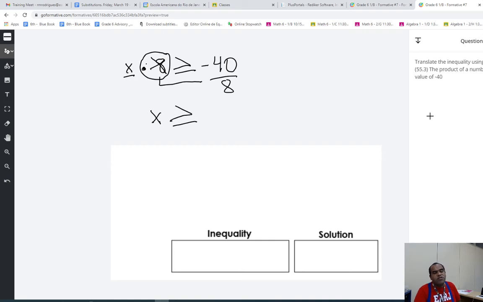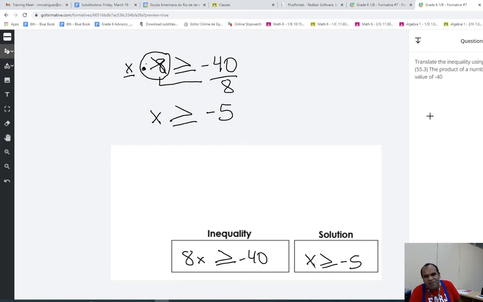Greater than or equal to negative 40 divided by 8, negative 5. Then my inequality here is 8x, or x times 8, it's the same thing, greater than or equal to negative 40. And the solution is x greater than or equal to negative 5.